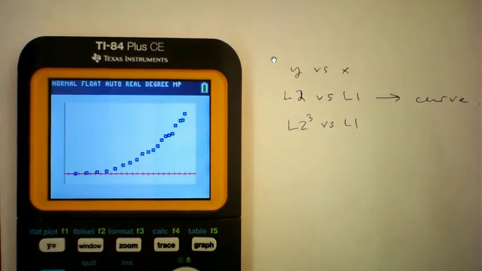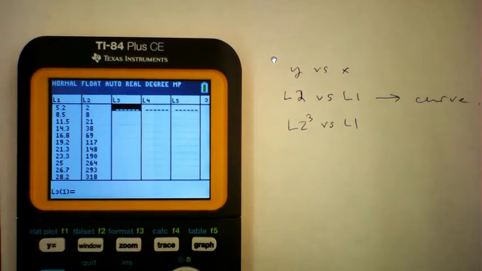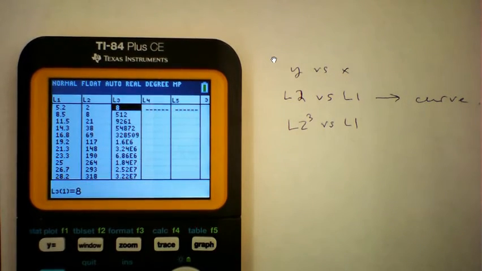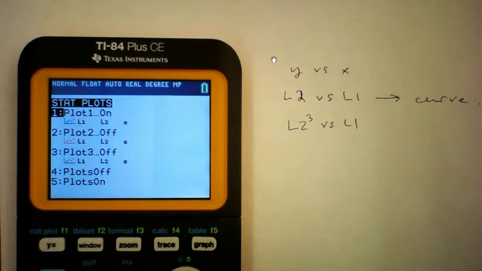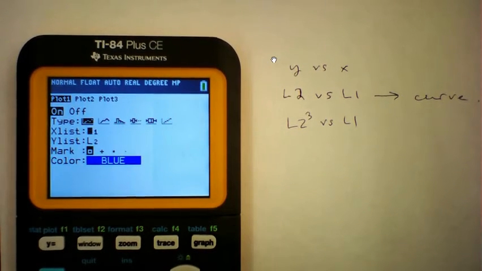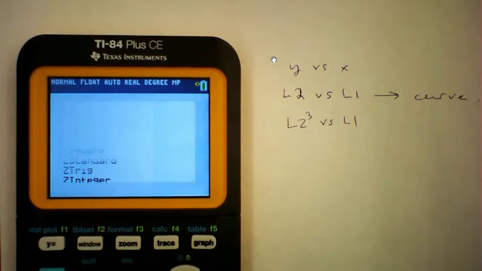So I'm going to go into stat, edit, and let's say that I take my L2 and I cube it. Okay, so I get some numbers, and now I try this again with that list, now changing this L2 to L3. So this is guess and check right now, so this is going to be a little painful, but it's just what I have to do.